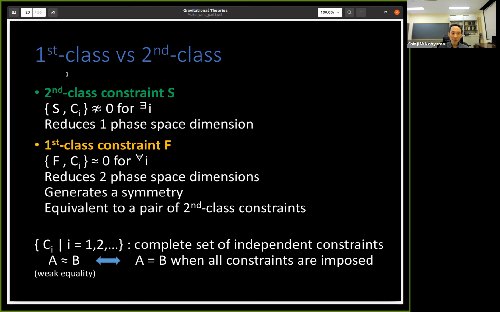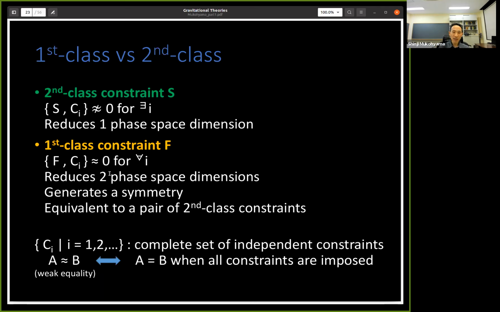Second class constraints reduce the phase space dimension by one. Because this is an algebraic equation, if we restrict our configuration to those which satisfy the constraint, then the dimension of phase space is reduced. But second class reduces only one. On the other hand, first class reduces two.